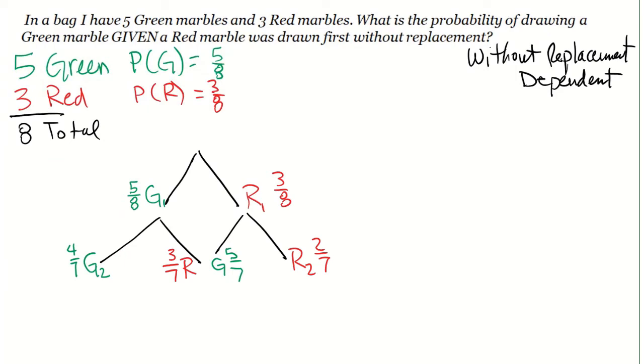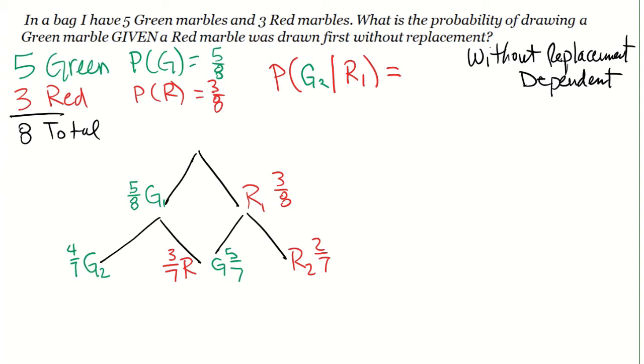Okay, let's look at the same problem, but this time let's look at the probability that we are going to draw a green on the second given that we drew a red on the first.